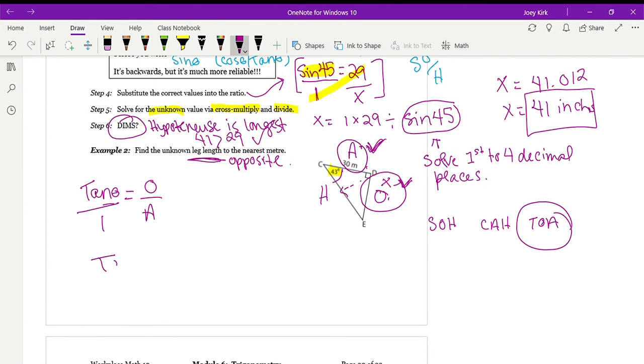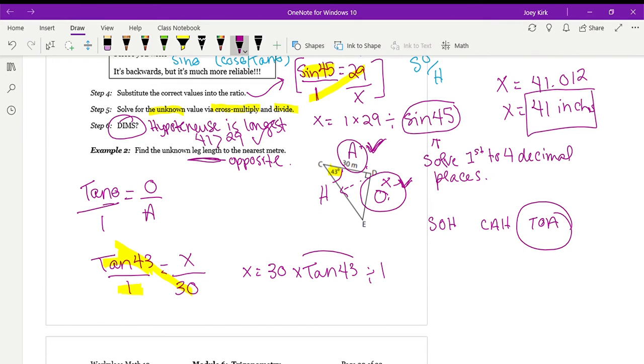So tan of 43 over 1 is equal to our opposite, which we don't know, which is x, divided by our adjacent, which is 30. And then we cross multiply. Multiply your pair, divide your spare. So you're going to do x is equal to 30 times tan of 43 divided by 1.